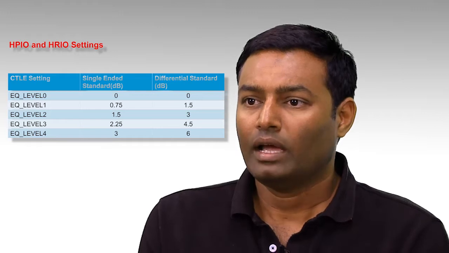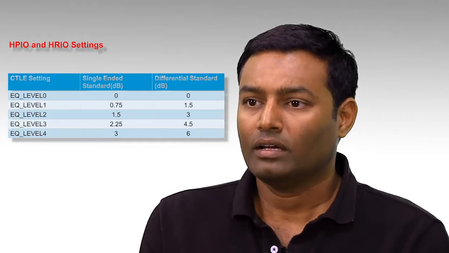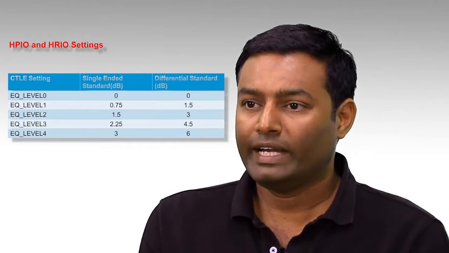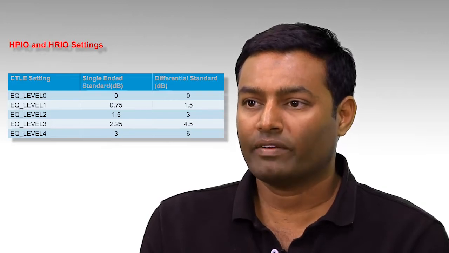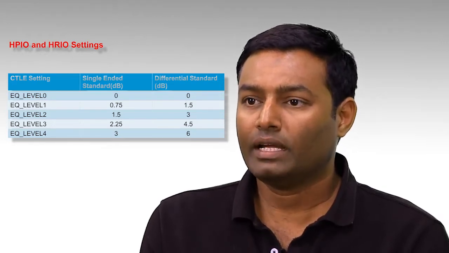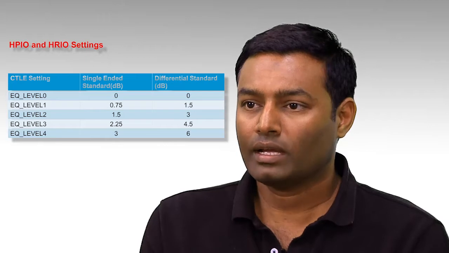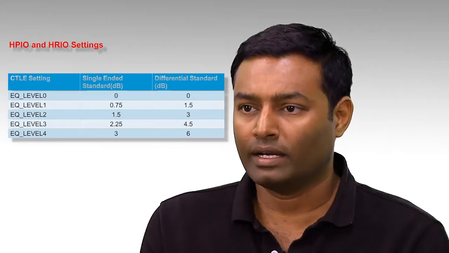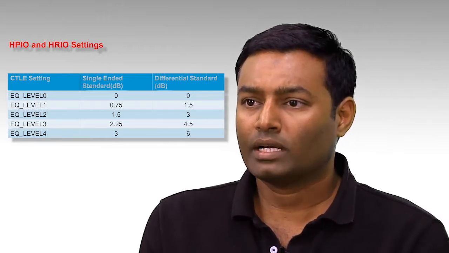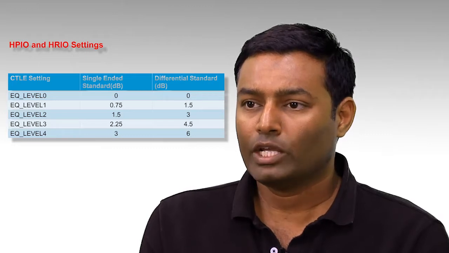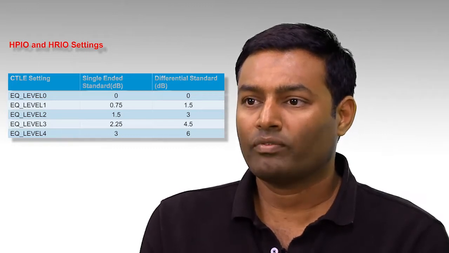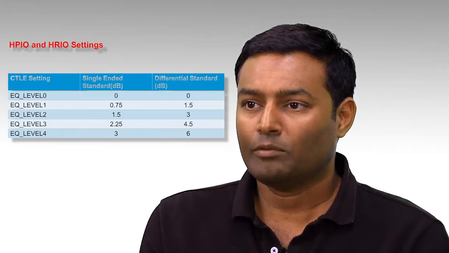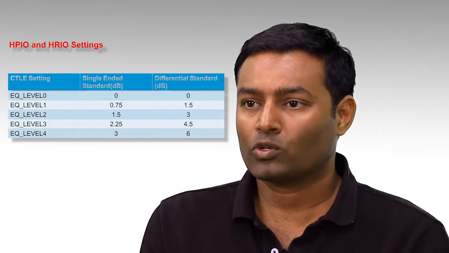For example, a user can vary the gain from 0 to 3 dB in steps of 0.75 dB when implementing a DDR4 interface using a POD 1.2 IO standard. Similarly, a user can vary the gain from 0 to 6 dB in steps of 1.5 dB when implementing the LVDS IO standard.